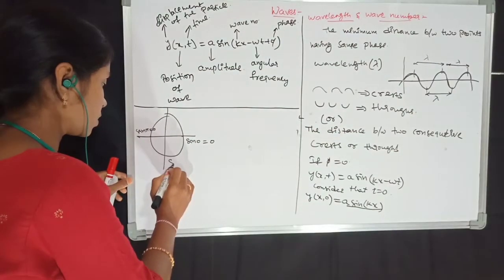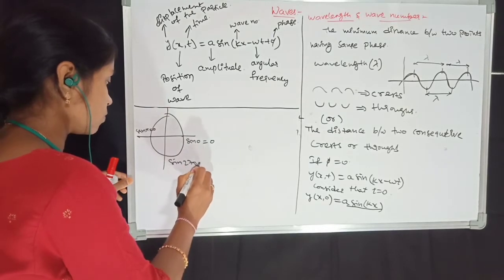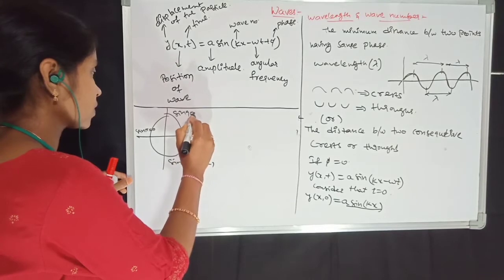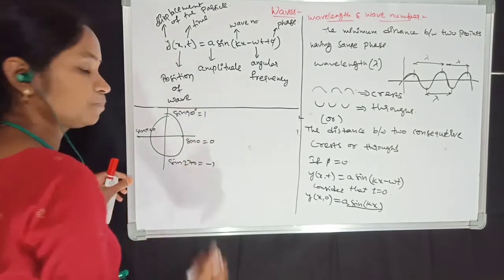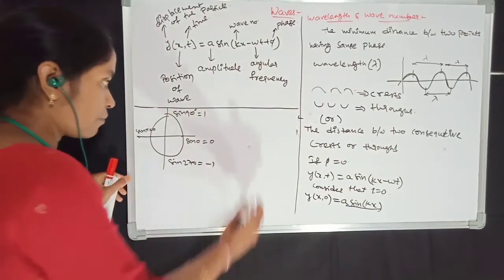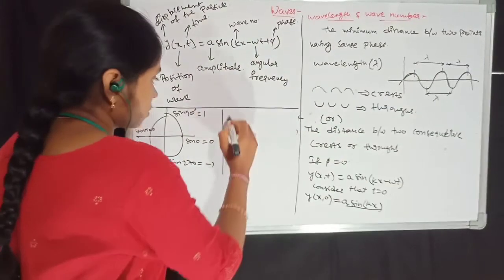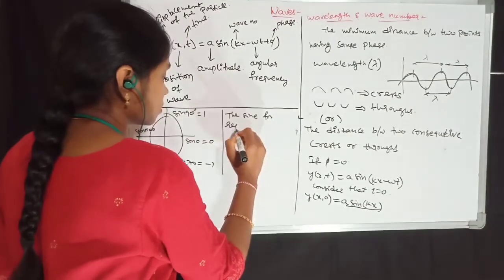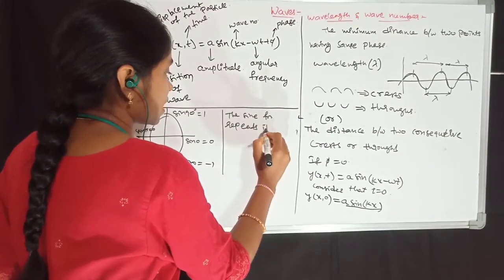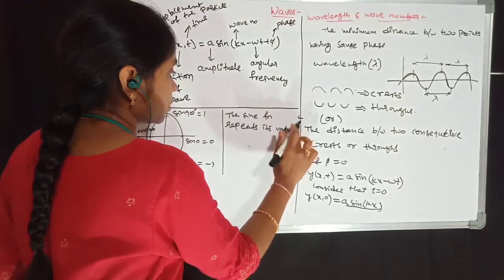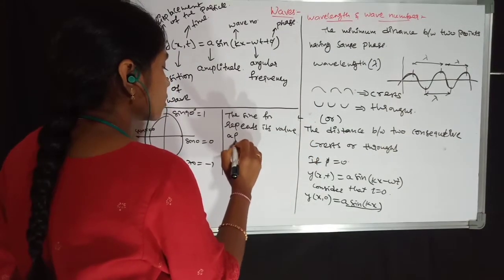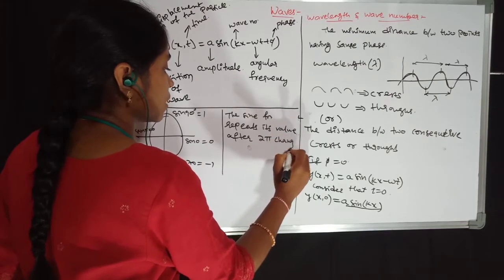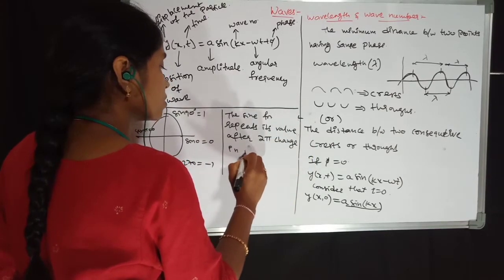This will be sine 270 degrees, which is equal to minus 1, and sine 90 is equal to 1. So what I told you just now: the sine function repeats its value after a 2 pi change in its angle.